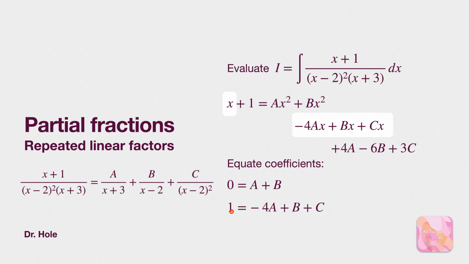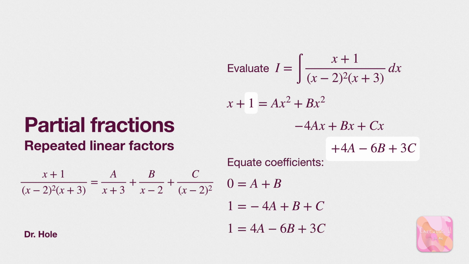So on the left-hand side, the linear term has coefficient 1, and on the right-hand side, the linear terms are with coefficient negative 4a, positive b, and c. Good. So we have coefficients for the quadratic term, coefficients for the linear term, and then we equate the constants on the left and on the right.